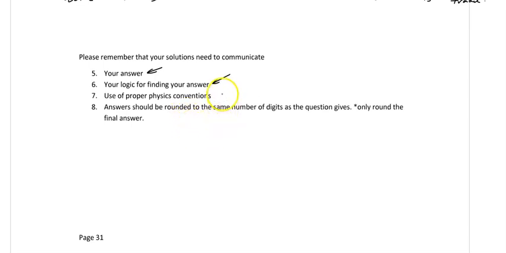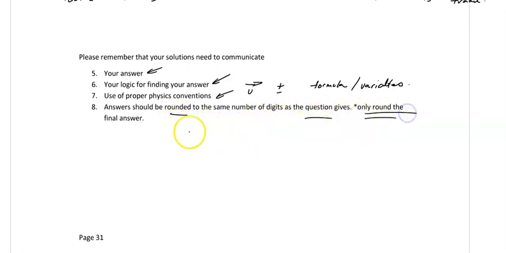Proper physics conventions will include arrows over variables, positive and negative signs for east and west to indicate direction, showing proper formulas, using appropriate variables. An answer should be rounded to the same digits as the question, but you only round in that final answer, don't round before.